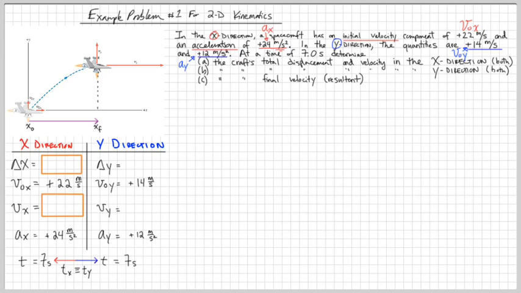I've decided to annotate my diagram to help me further visualize what's going on and make sure I'm doing the right thing. So I have a purple vector I've drawn in to indicate where my x naught, or initial x position, is, and I used x sub f to indicate my final x position. So when I solve for delta x in my equations, what I'm really solving for is the magnitude of that purple vector as well as its direction.